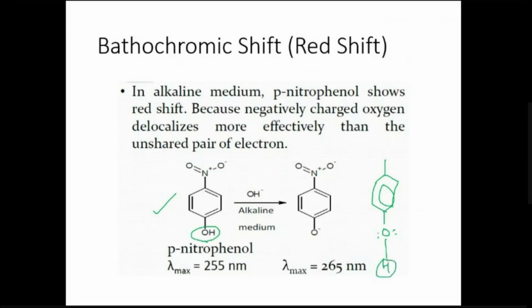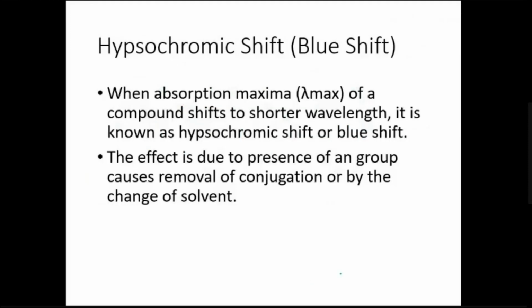When hydrogen is lost to the solvent, this sigma bond will shift on oxygen. So oxygen over here carries one extra lone pair of electron. That extra lone pair of electron acts as auxochrome. Okay, and you can see the change in the wavelength towards longer wavelength.